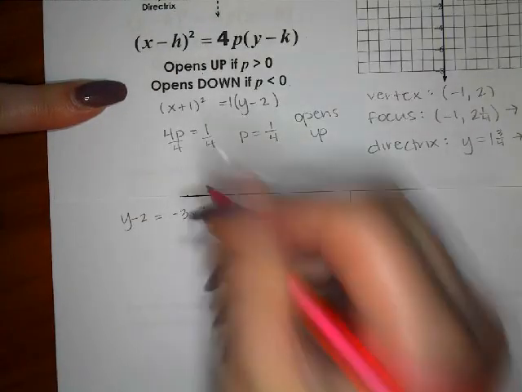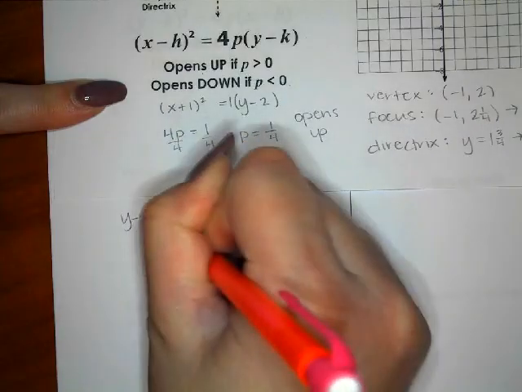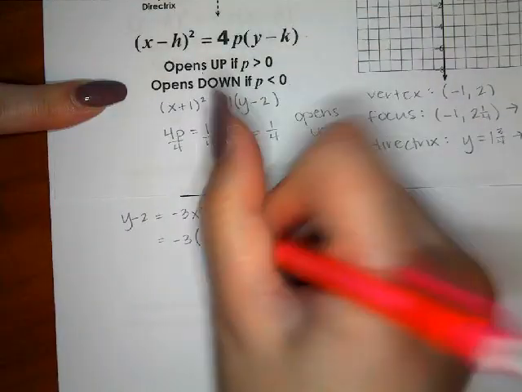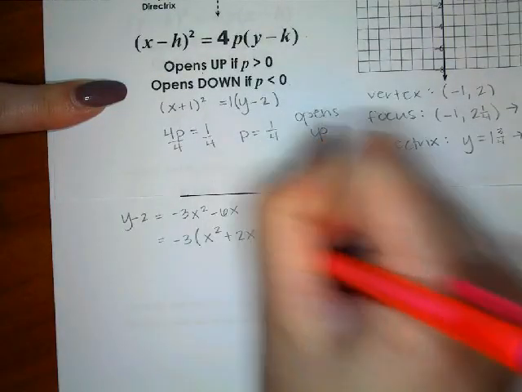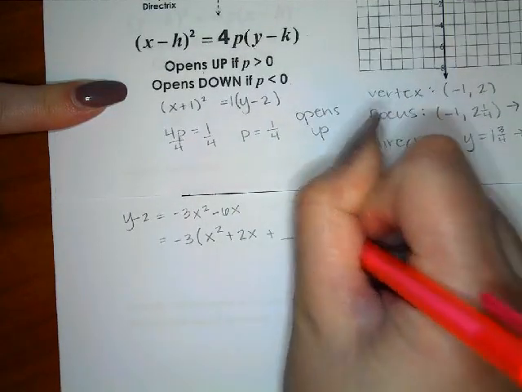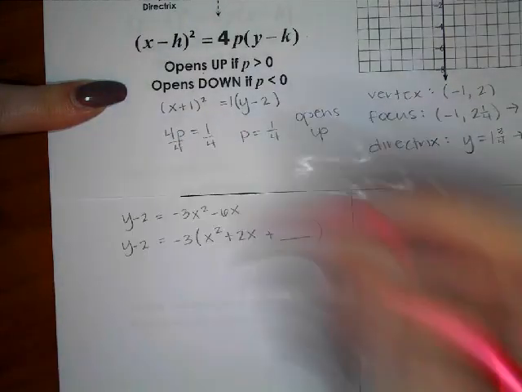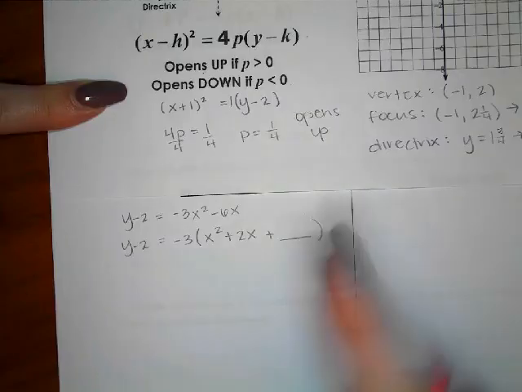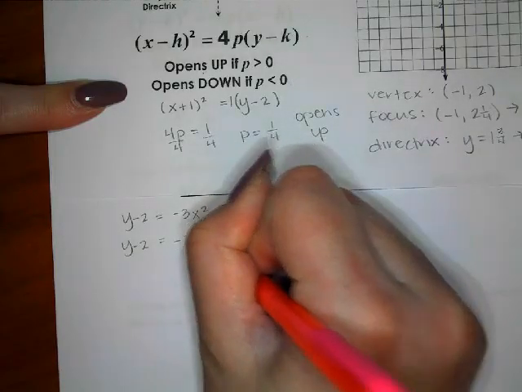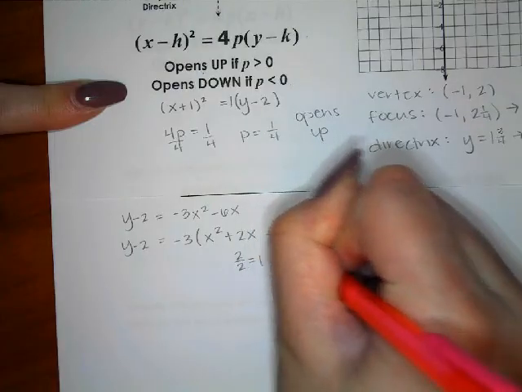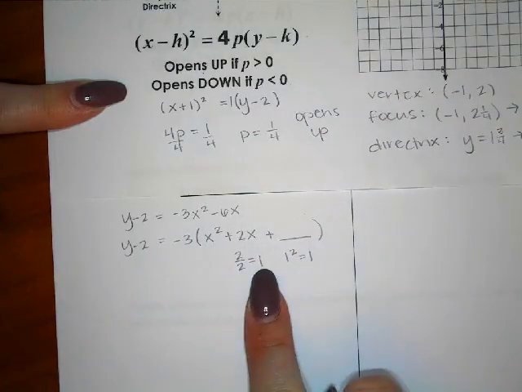If I factor out a -3, I get x squared plus 2x, and then I leave a blank to complete the square. I'm going to take my middle term, divide by 2 and square it. So 2 divided by 2 is 1, 1 squared is 1, and so 1 is the number that completes the square.